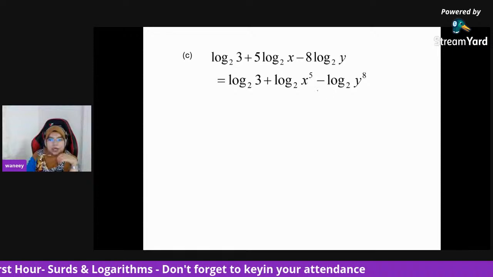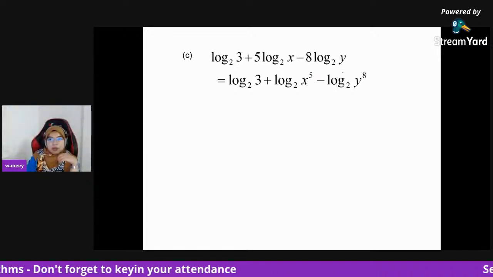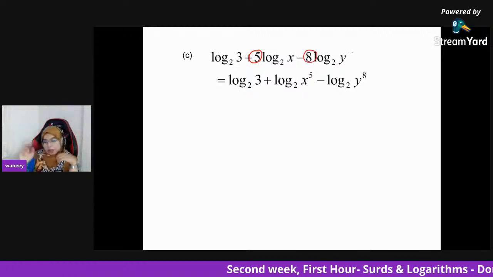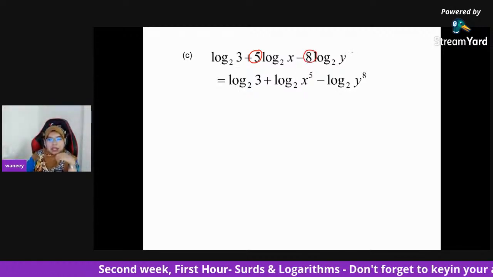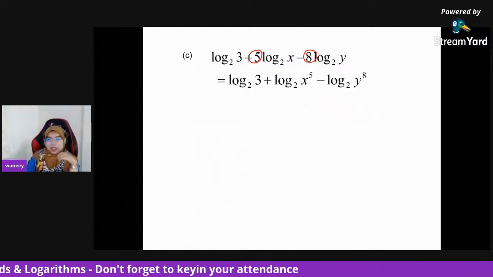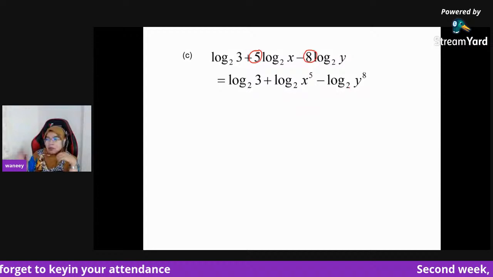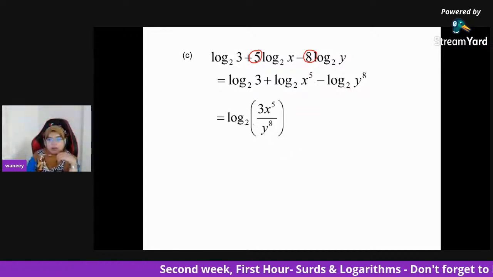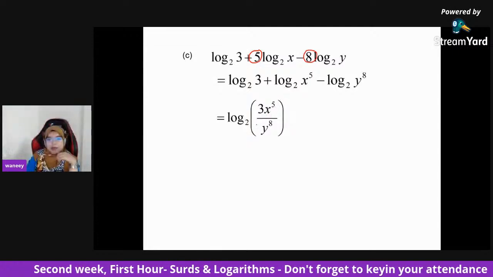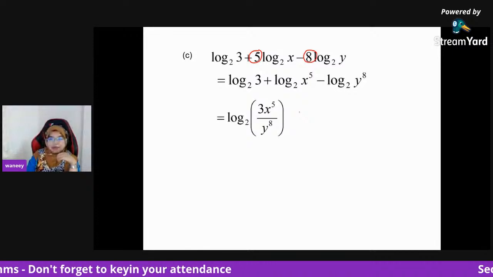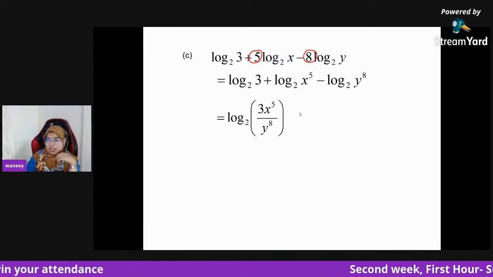So we have x to the power of 5, y to the power of 8. So any number in front of the log, bring them up as some power. And then we have plus log, so it will become multiplication. And then log minus log, so it will become a division. Okay, so what you have is log base 2 of 3x to the power of 5 over y to the power of 8. So that's it for this example.